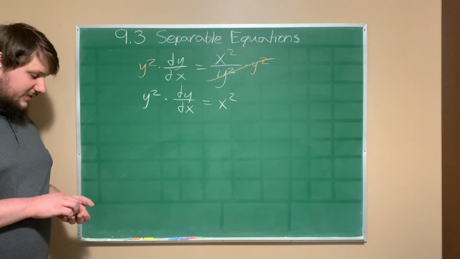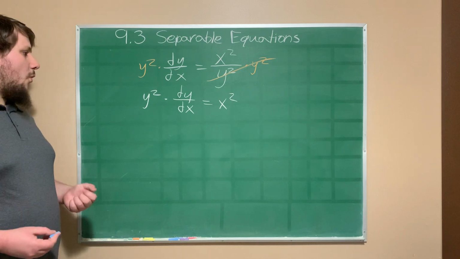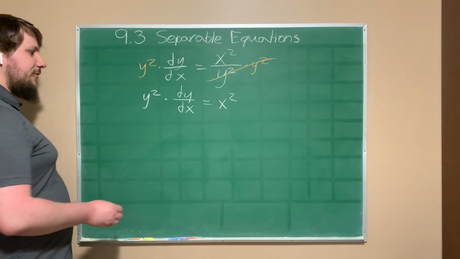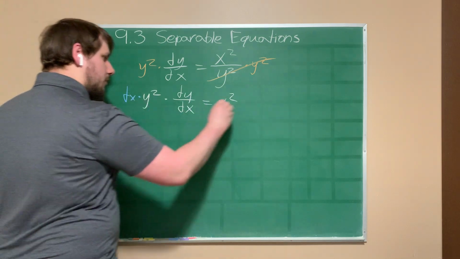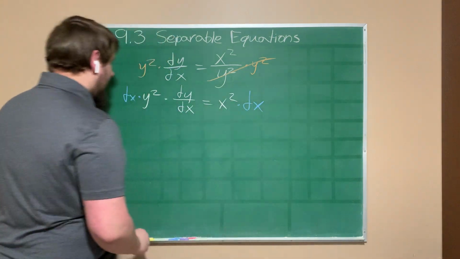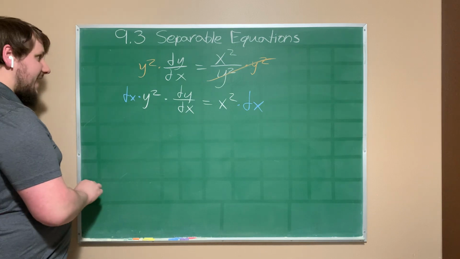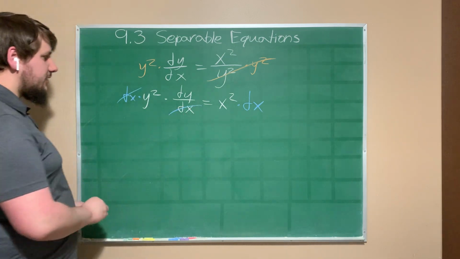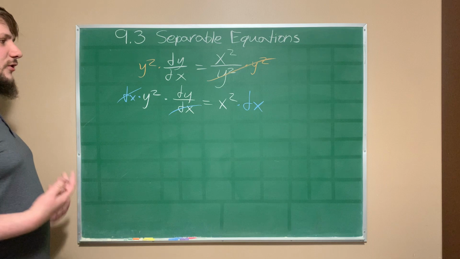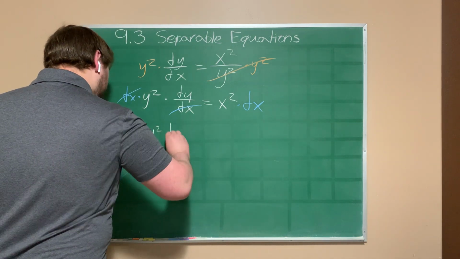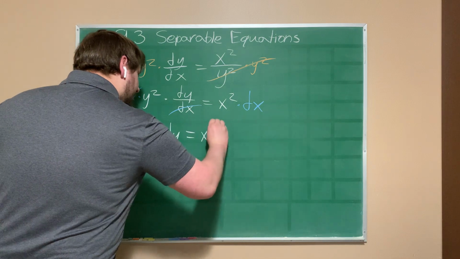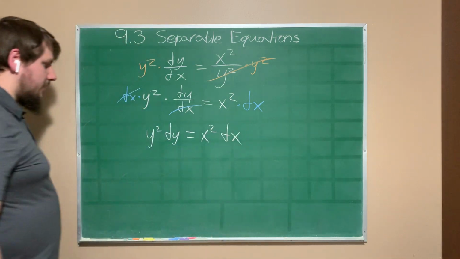So we do something that's kind of clever here. I'm going to multiply both sides by dx. That way, on the left side, the dx's cancel each other out, like a numerator and denominator of a fraction, and I'm now left with the equation y squared dy equals x squared dx.